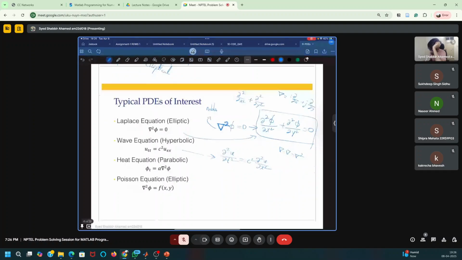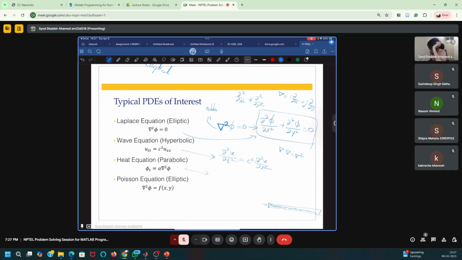If you have some rod and you apply some kind of impact force at this end, how the impact propagates through it is given by this 1D wave equation. If somebody hits you, you will feel some wave traveling through your body. That kind of phenomenon is given by this wave equation.